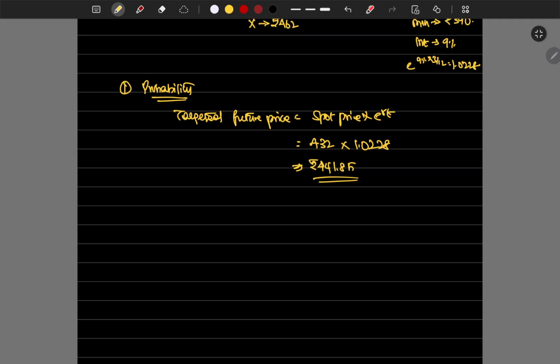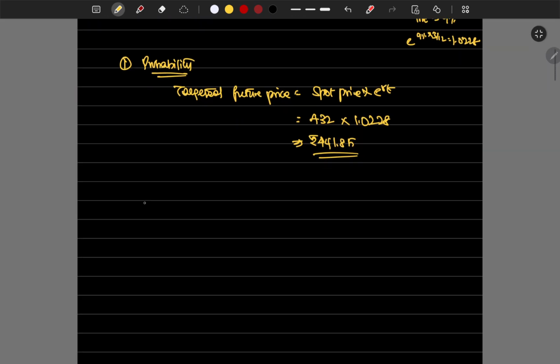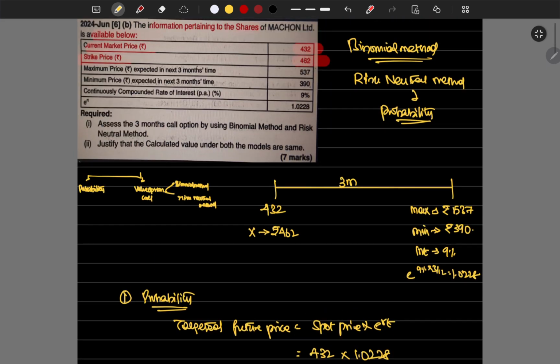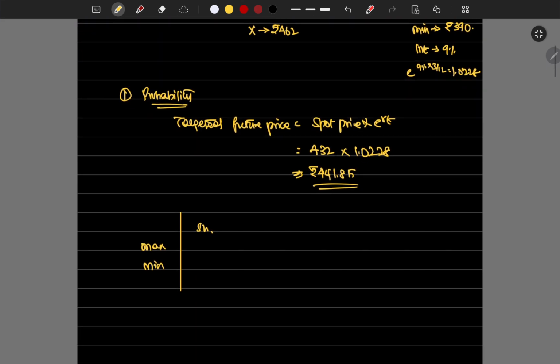Now what we have to do with this value? We have two values, the max price and the minimum price, which are the share prices 537 and 390. What's the probability? We don't know, let it be x.